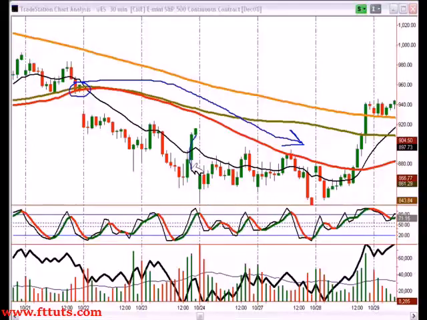Now, measuring gaps are the tricky ones. Those are the ones where we're never really sure whether it's going to be another measuring gap or an exhaustion gap that ends the trend.